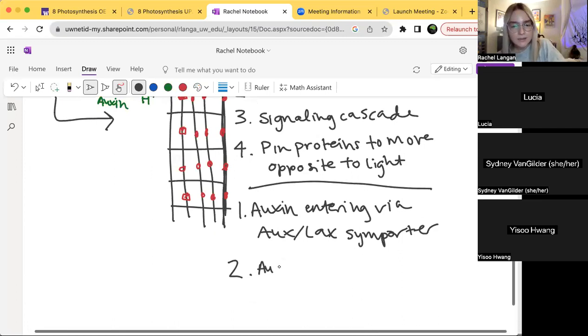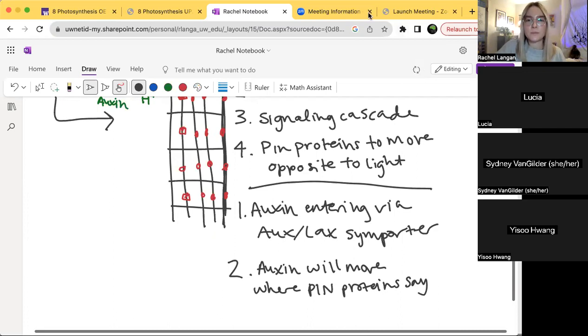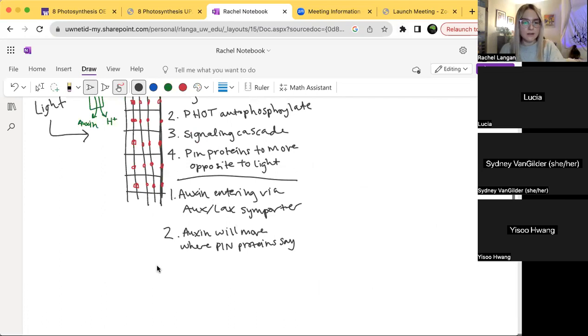And then auxin will move where PIN proteins say. So that's going to cause auxin concentrations to increase on the right side cells.